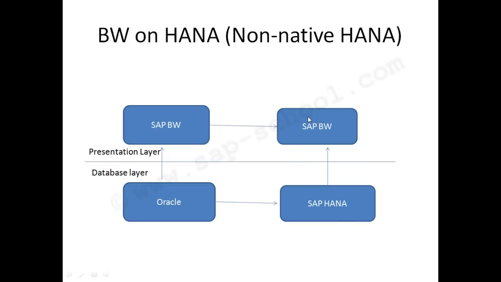So your BW models will all be there, but you're just using the HANA database, which is a much better database than the regular databases, and you still use your BW for your modeling and reporting purposes. So this is a small scenario for non-native HANA.